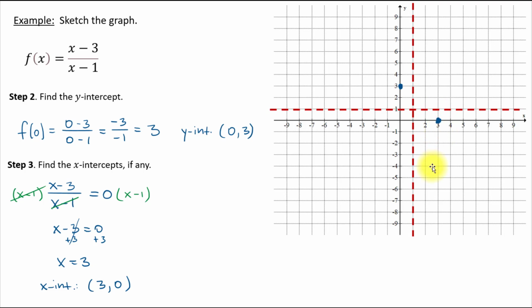We completed the first 3 important steps. In this process, we identified the asymptotes, we found the y-intercept and the x-intercept. It seems like I don't have much information to sketch the graph, and yes, I will find some additional points. But this is what I already know about this graph. Since we showed that the graph will not cross the horizontal asymptote, and since graph will never cross the vertical asymptote, I already know that graph will consist of 2 separate branches.